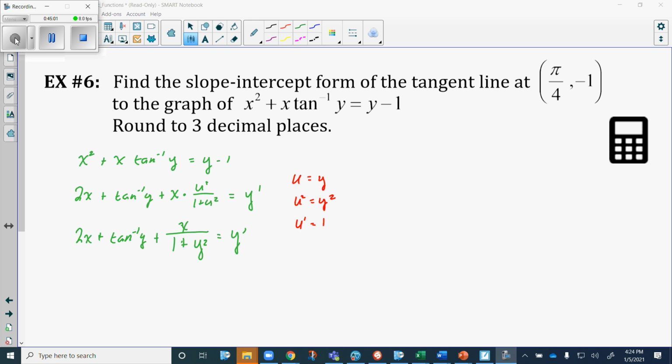Something that was throwing me off. It seems like I wrote an x in the numerator when I'm supposed to put the y prime value there. So that's why I said x. Let's see.